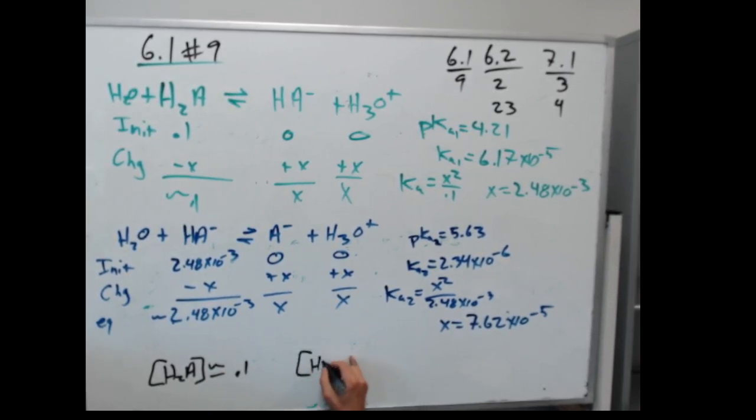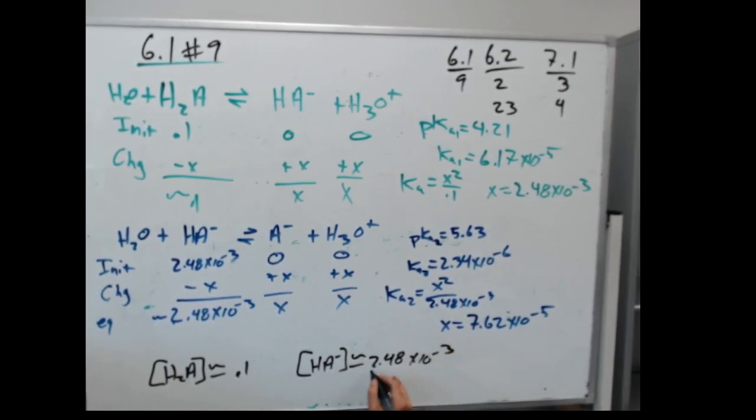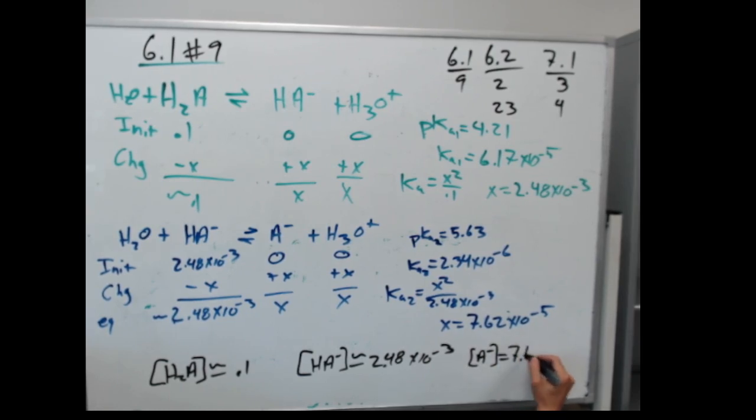My HA minus is approximately 2.48 times 10 to the minus 3, again using the x is small approximation. My A2 minus is 7.62 times 10 to the minus 5.